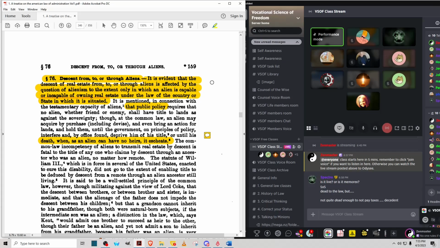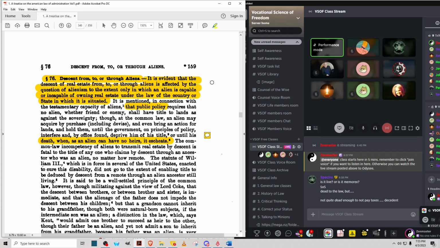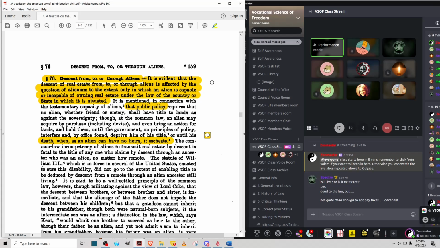It is mentioned in connection with the testimonial capacity of aliens that public policy requires that no alien, whether friend or enemy, shall have title to lands as against the sovereignty, though, at the common law, an alien may acquire by purchase, including devise, and even bring an action for lands and hold them until the government, the principles of policy, interfere, and by office found deprive him of his title, or under his death when an alien can have no heirs, it escheats. Meaning the land escheats. Okay, but let me break this down before I get to a sheet here.